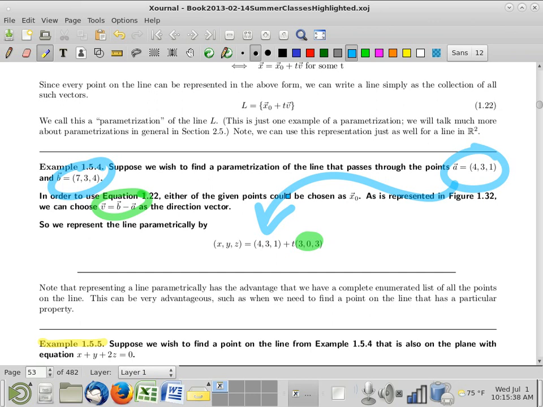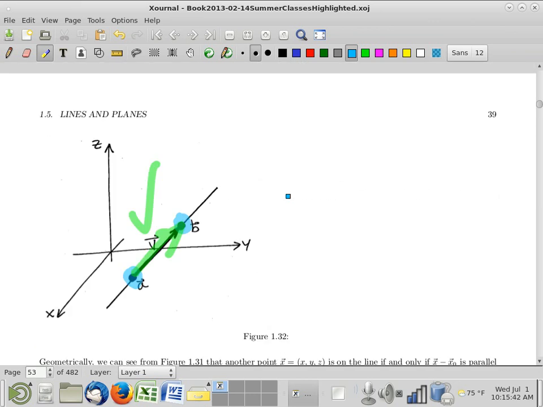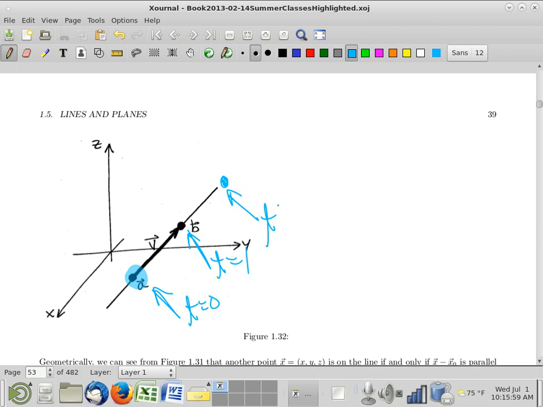It would still generate the whole line, just from a different starting point. So in other words, starting here, this is where t is equal to 0, and that's where t is equal to 1, and then you can probably guess this is where t would equal 2.